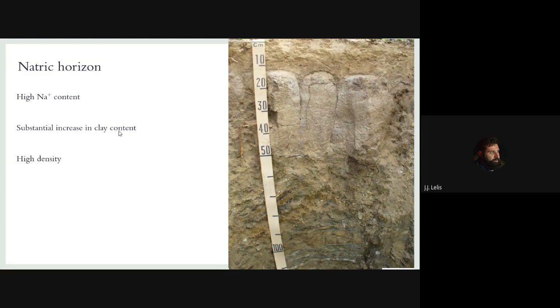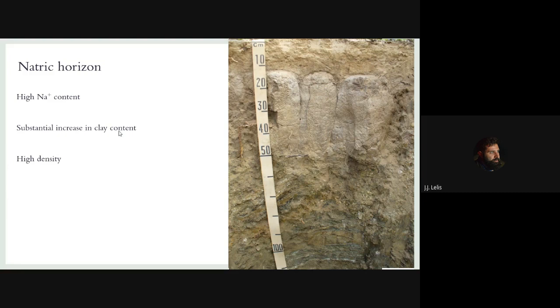So it's quite interesting that natric horizons can only be found in areas that have a semi-arid or arid climate, because we can't register a high leaching in the sites; a high leaching could also lose all the sodium in the soil and would not favor the formation of a natric horizon.